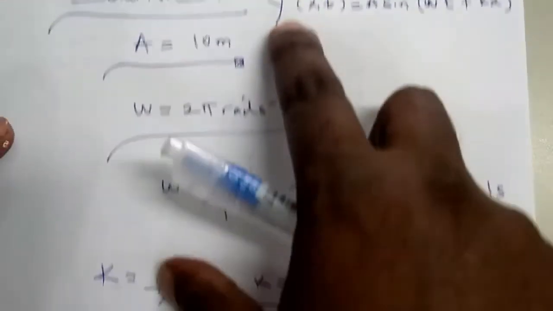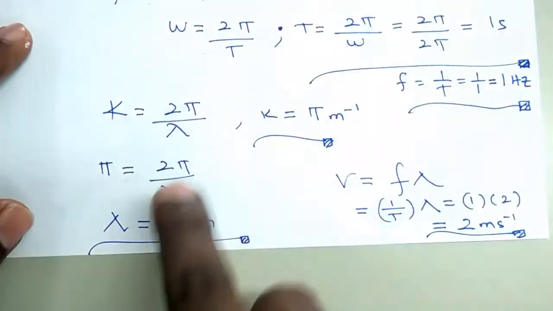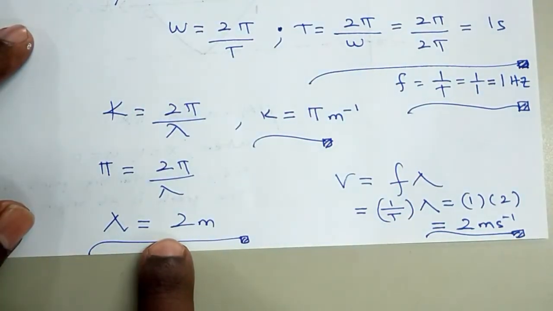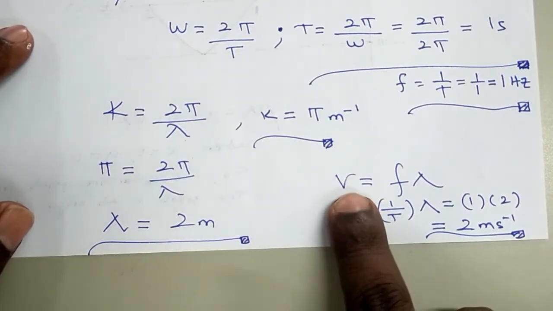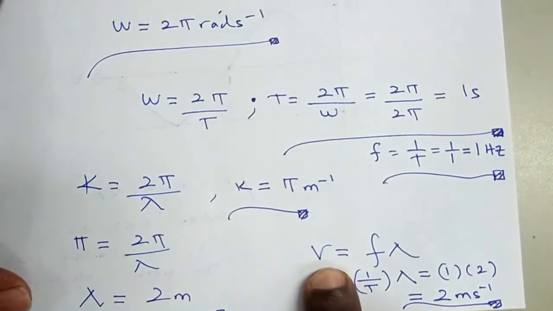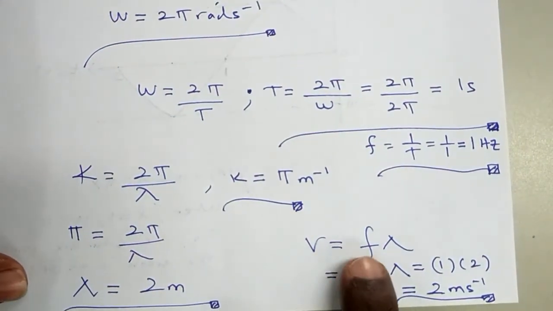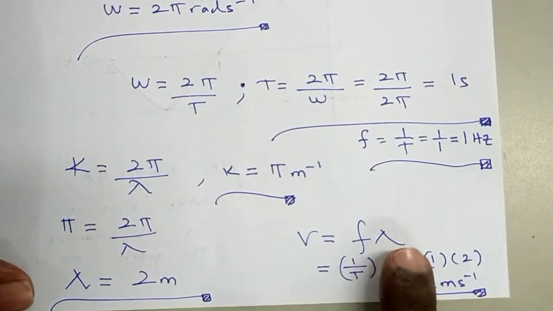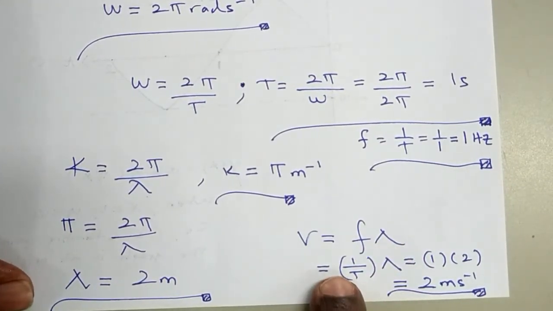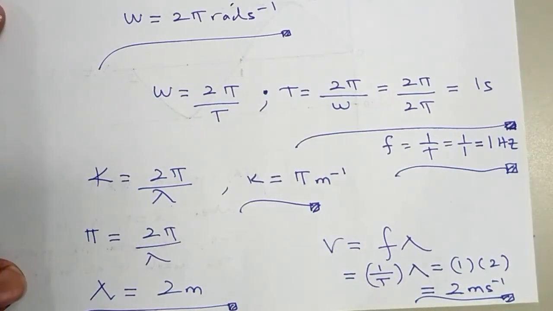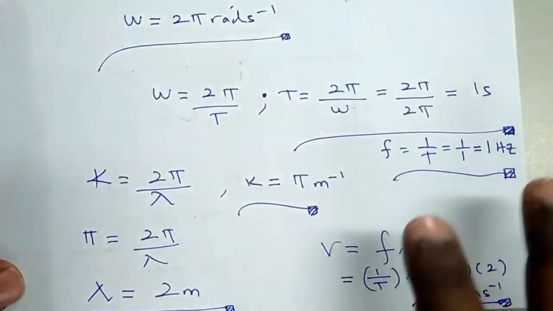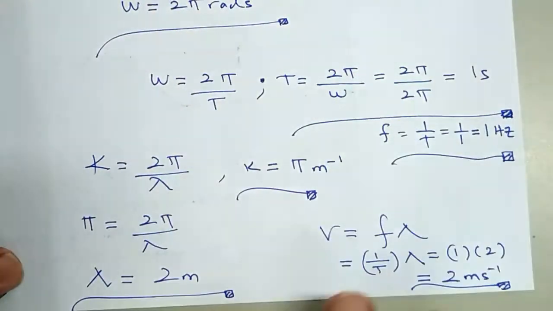So wavelength equals 2 meter. And finally, the speed of the wave, which is equal to f lambda. f is 1 over T, which equals 1 hertz, times lambda, which is 2 meter, and finally you will get 2 meter per second. Simple, without giving you any trouble.